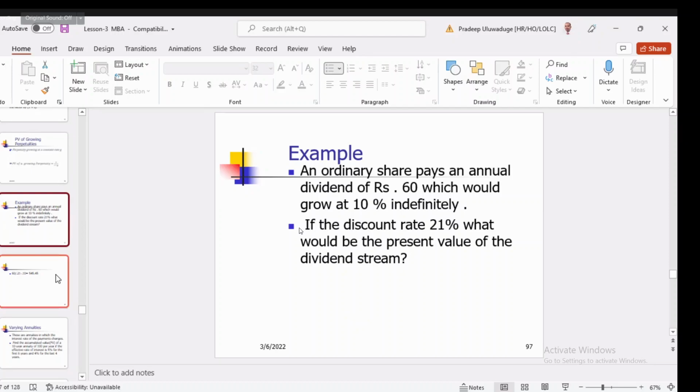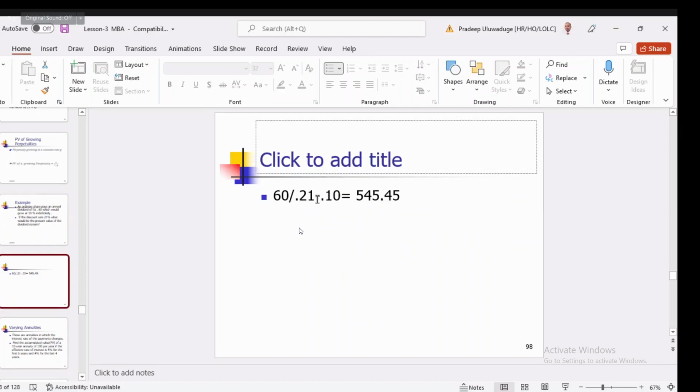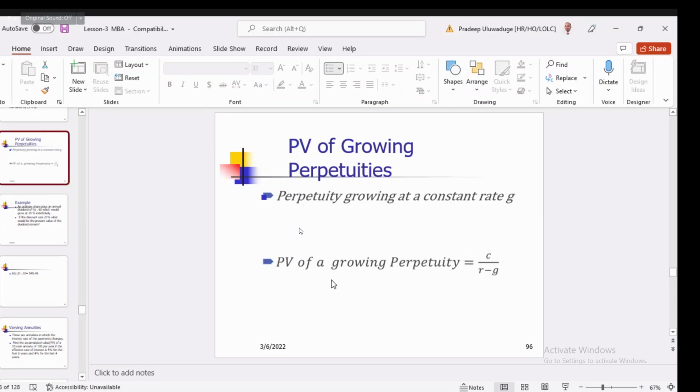Right? 60 divided by 0.21 minus 0.10 will give you 545.45. This is the present value of the growing annuity. Sorry, perpetuity. Present value of a growing perpetuity. Right?